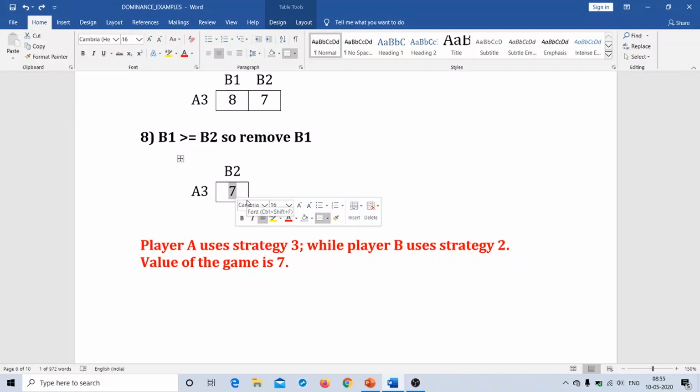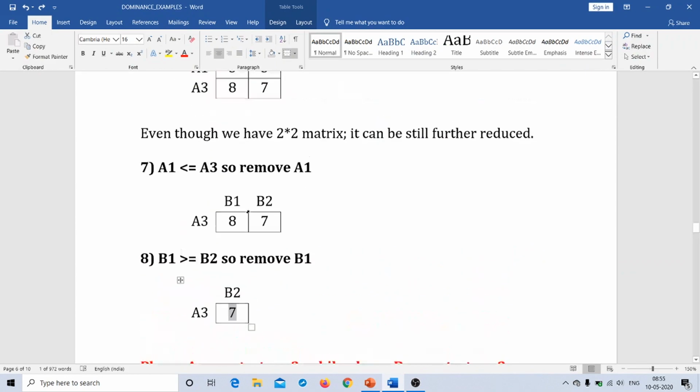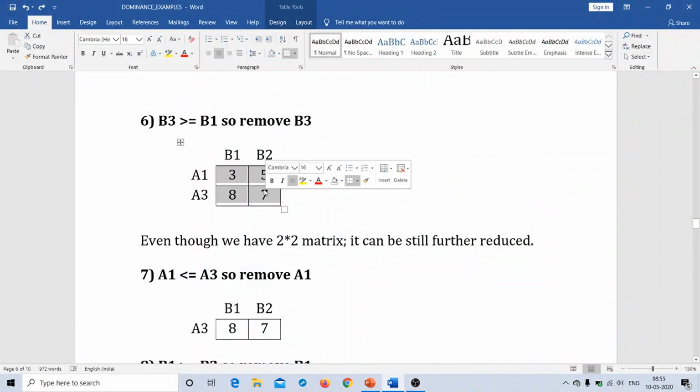So in principle of dominance, please keep on using the algorithm or the steps to reduce the matrix as much as possible. It is not that once you get a 2 cross 2 matrix, you totally ignore the dominance rules and then implement an arithmetic or algebraic method to find the strategy and value of the game, right? So please understand, as long as the principle of dominance can be implemented, shifting to an arithmetic or algebraic method is not appreciated and it is not at all accepted, right?